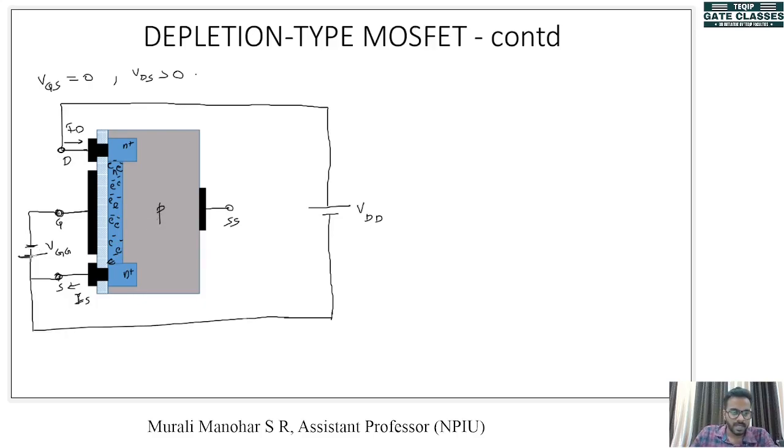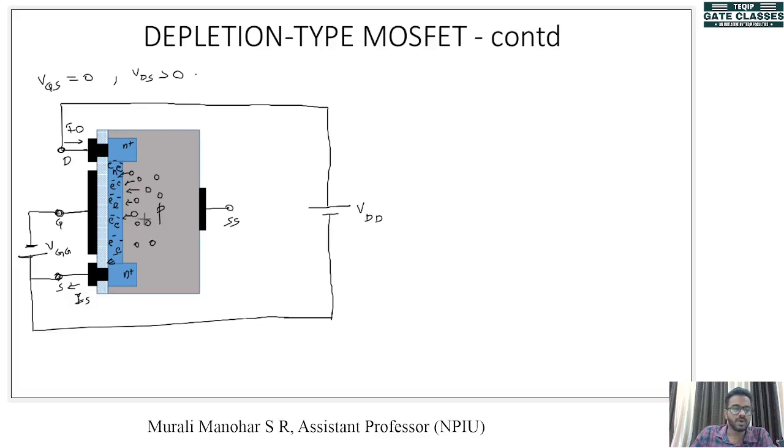Now when we apply negative voltage here, what happens? There are a number of holes in the P region. This is the largest of all these regions, the substrate. So when we apply a negative voltage here, these holes are attracted towards the N channel because of the negative voltage here.